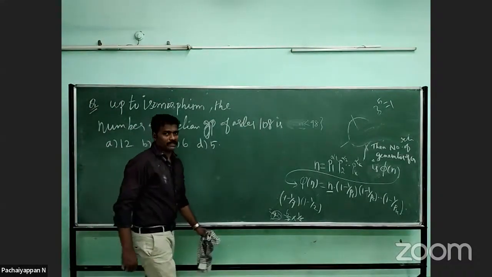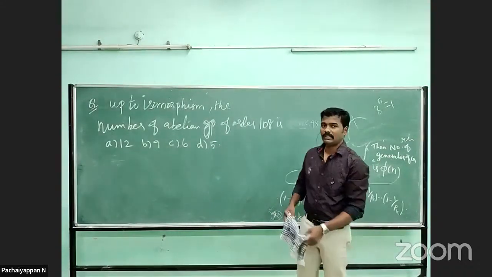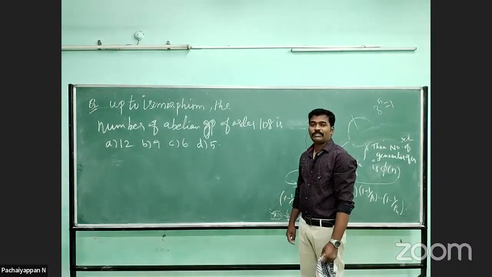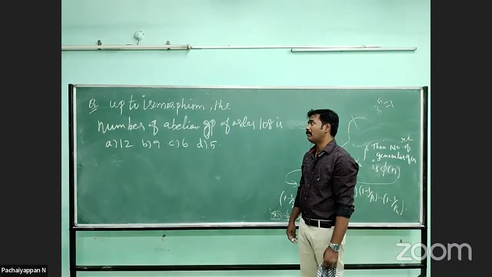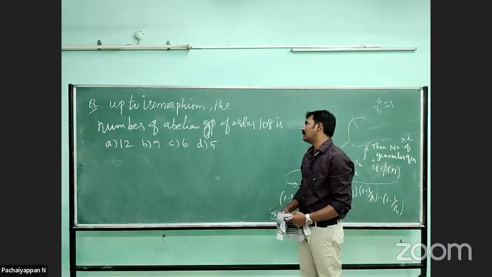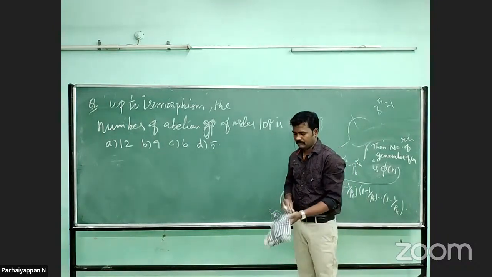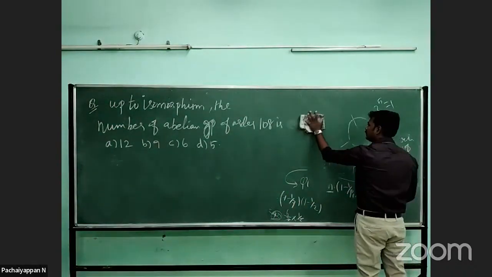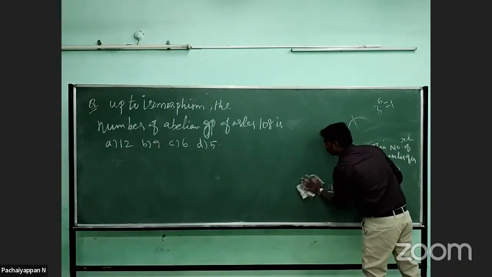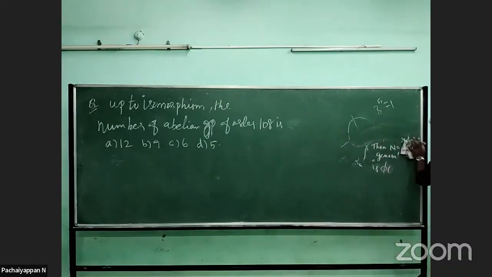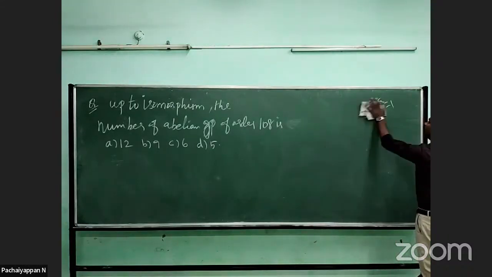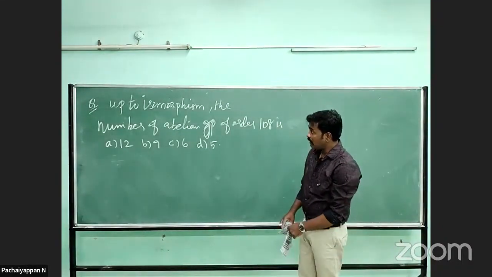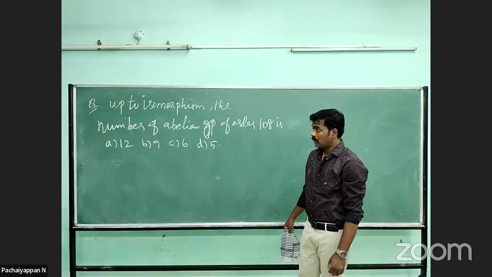First of all, what is the question? Up to isomorphism, the number of abelian groups of order 108 is what? Any answer? Someone said 12.